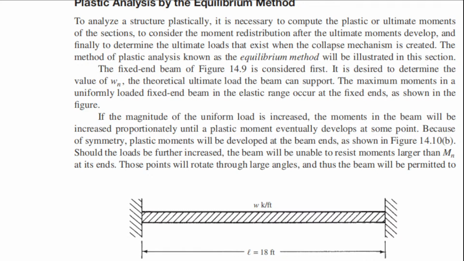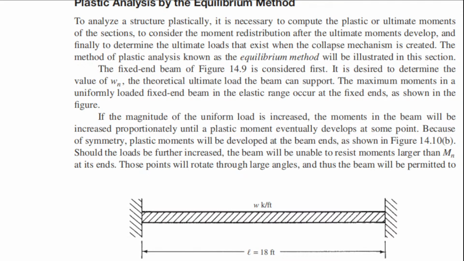It is our desire to determine the value of the nominal uniform load, the theoretical ultimate load the beam can support. How much? Okay? The maximum moments in the uniformly loaded fixed end beam in the elastic range occur at the fixed end.